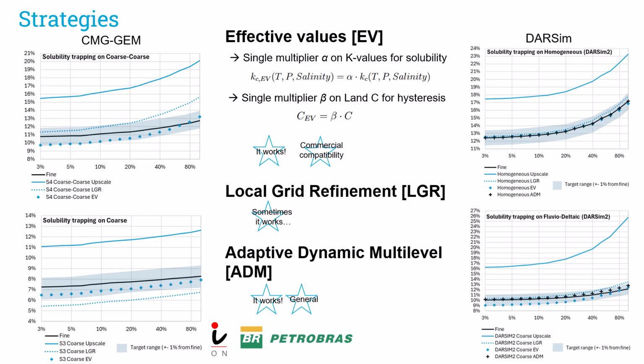This is not a problem in ADM because it is general, it works every time, and you do not need to tune a specific parameter for each pair. Because of this, it is a very positive approach in the long term, because you can use it reliably every time.